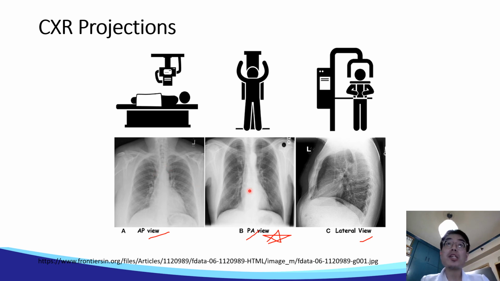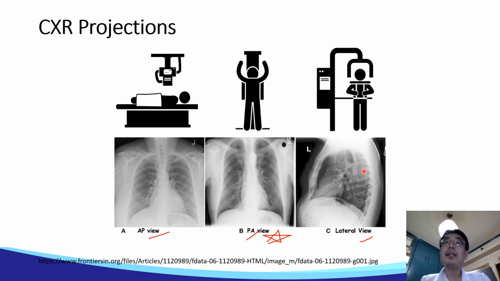Also, as we can compare here, the patient is often poorly inspired compared to the requirements of a PA view, and the scapula or the shoulder blades may cover some of the lungs.